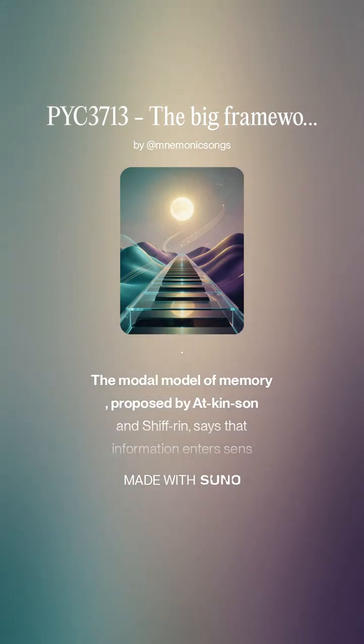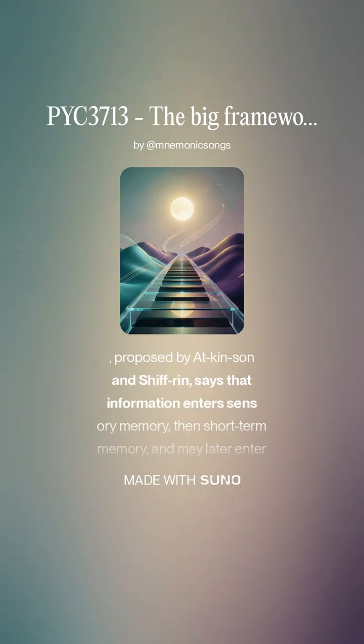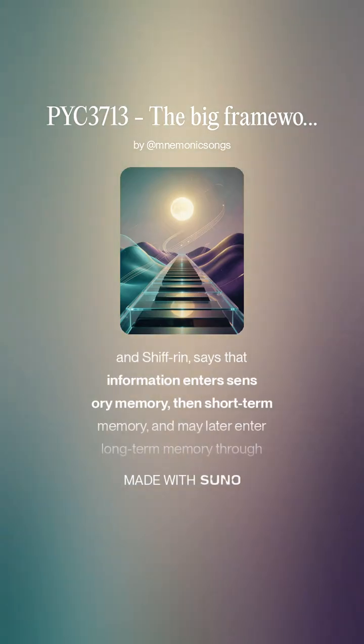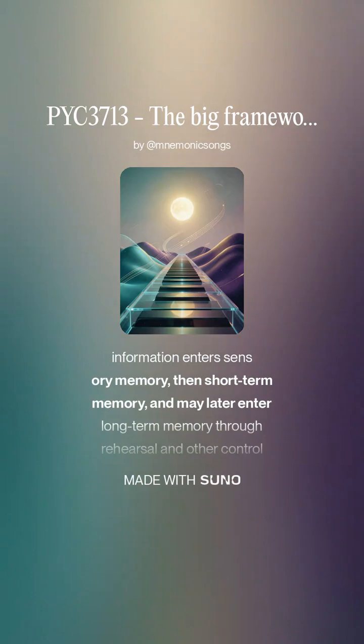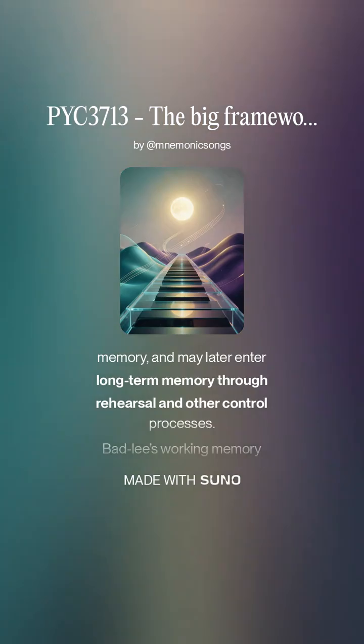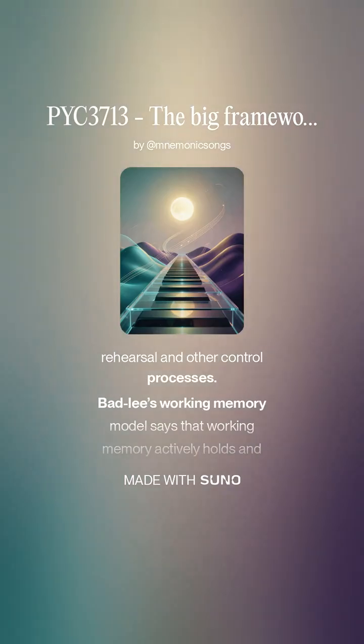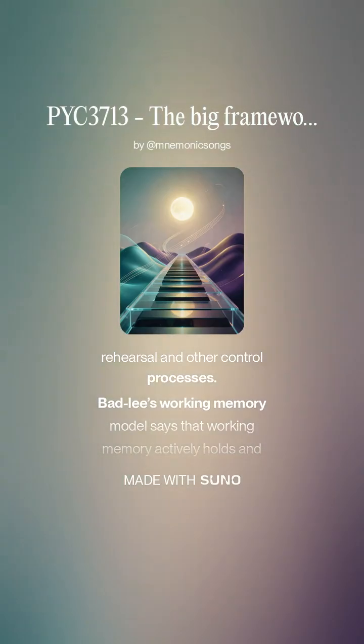The modal model of memory proposed by Atkinson and Shiffrin says that information enters sensory memory, then short-term memory, and may later enter long-term memory through rehearsal and other control processes.